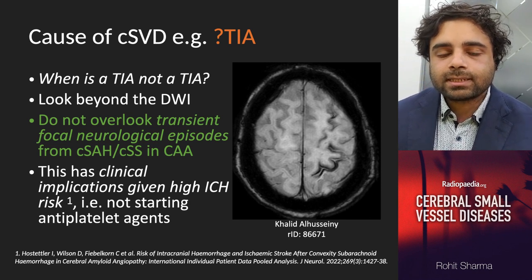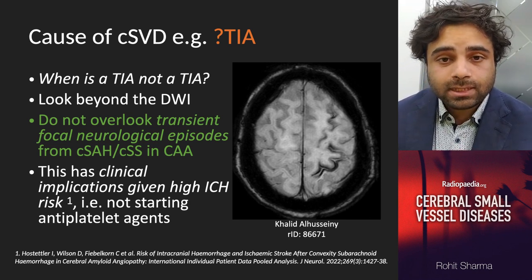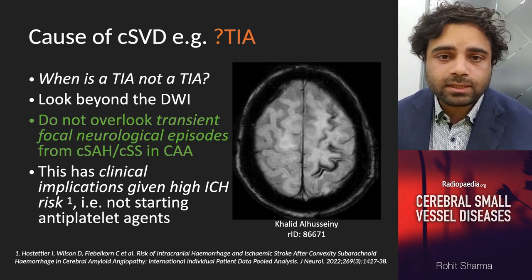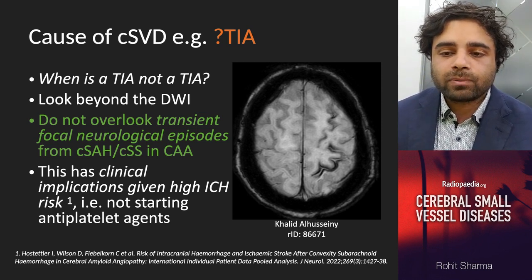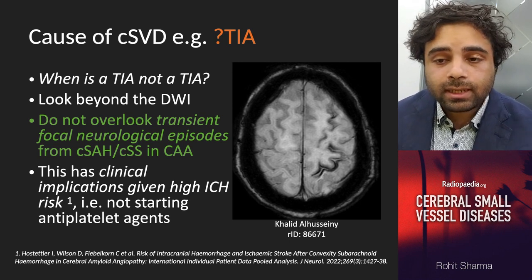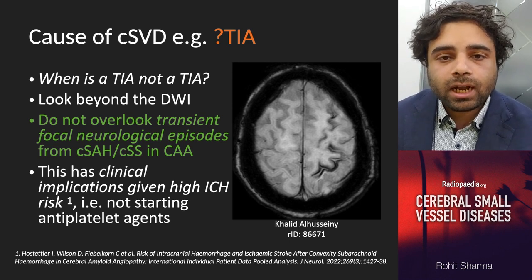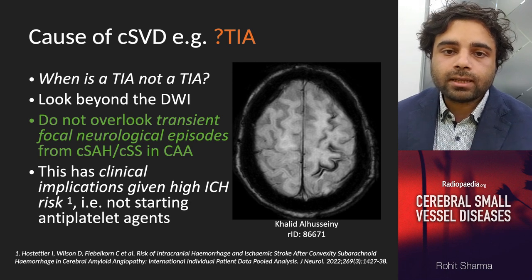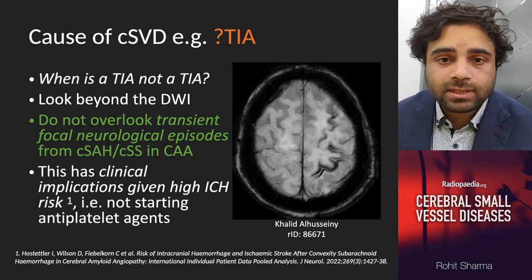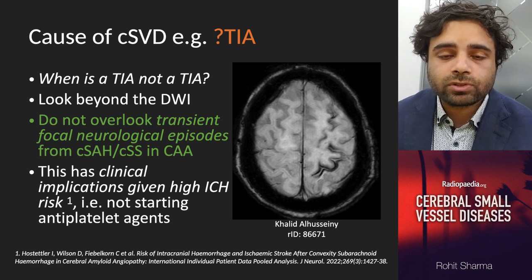Now, these can be exactly the same as TIAs or can be distinct, typically spreading symptoms, often positive symptoms that spread over the course of seconds to minutes, but can be even more prolonged than that. And these are really characterized by convexity subarachnoid hemorrhage or the residues of such, that being cortical superficial siderosis.